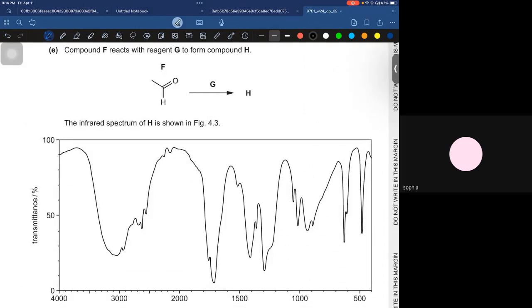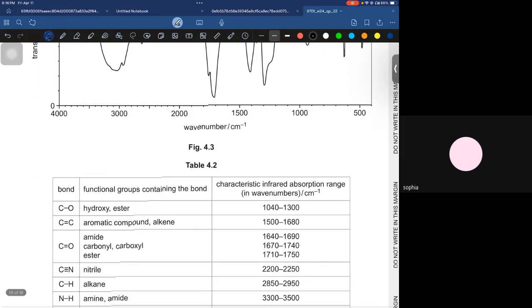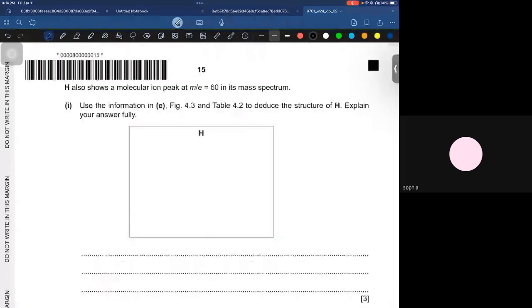Compound F, that is aldehyde, reacts with reagent G to form compound H. The infrared spectrum of H is shown in figure 4.3. H also shows a molecular ion peak at mass to charge ratio 60 in its mass spectrum. The molecular ion peak is going to give you the overall total Mr of a compound.